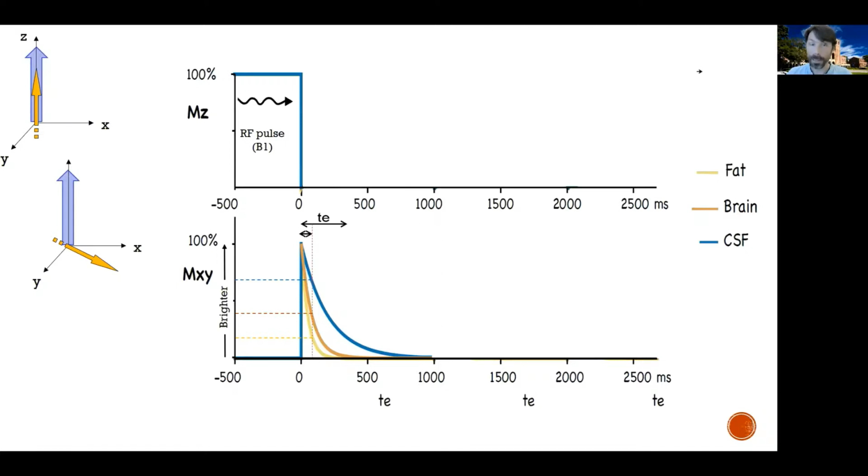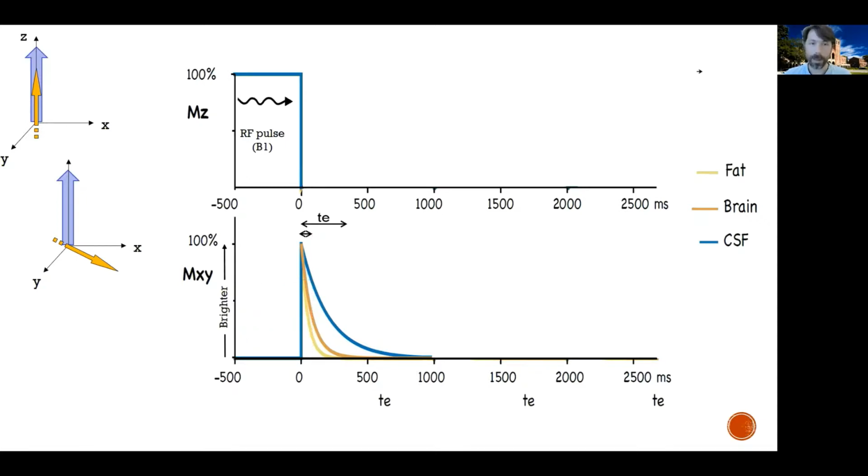Now, the other process that is happening at the same time, of course, is T1 relaxation. So not only protons are dephasing, are fanning out with respect to each other, T2, at the same time, they're also sort of wobbling back, they're realigning with the magnetic field, with B0, T1 relaxation.